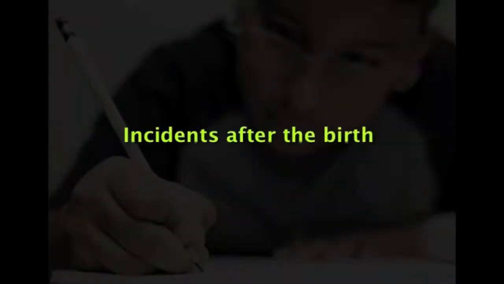Incidents after the birth. Head injuries due to accidents can lead to learning disability in a normal child. Poor nutrition or diet can lead to abnormal development of the brain, which causes learning disabilities in the child.